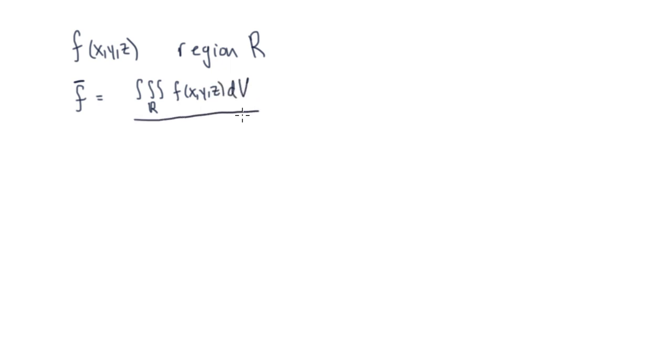So if I have a function f of x, y, z defined on a region R, then the average value, which we denoted f hat or f bar, is just, well, the integral over that region divided by the volume of this region R. And of course I can make the same definition for a function of two variables over an area region.